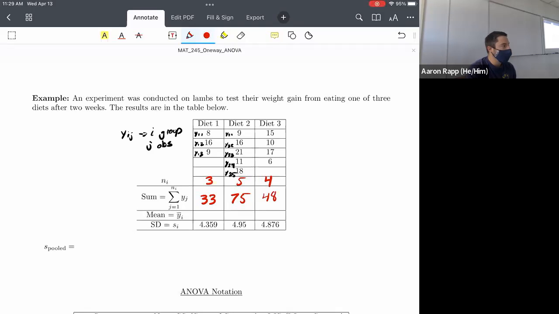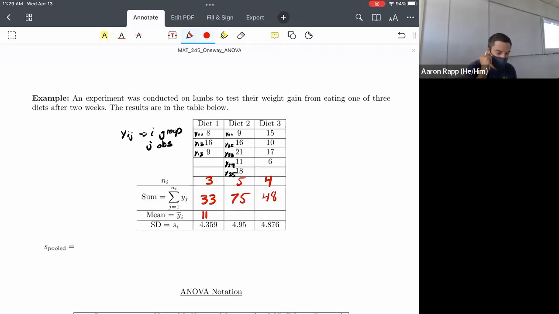So from that, I can calculate a sample mean for each of these diets. Well, what is the sample mean for the first diet? It'll be 11. I take the sum of all of my observations for the first diet, which was 33, divide it by 3, and I get 11.